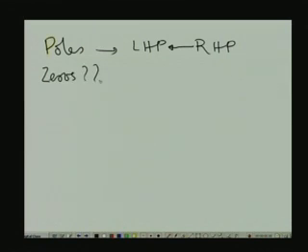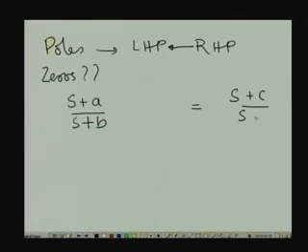One very standard way of changing zeros: suppose the transfer function has s plus a by s plus b, that is, it has a left half plane 0, and we want to change it to s plus c by s plus d. So then what do we do?